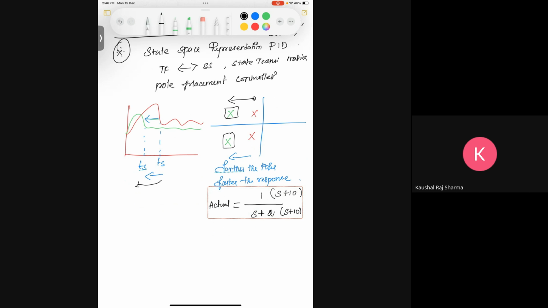So arbitrarily, if I want a faster response, I don't have any specific requirement, but just want to increase the speed of the response, then I will just multiply the same zero with the same pole, that acts as a pole zero cancellation, that doesn't add much, but we will add another zero to pull it down so that it will be compensated. So this can be done either using a PID controller or by designing compensators.